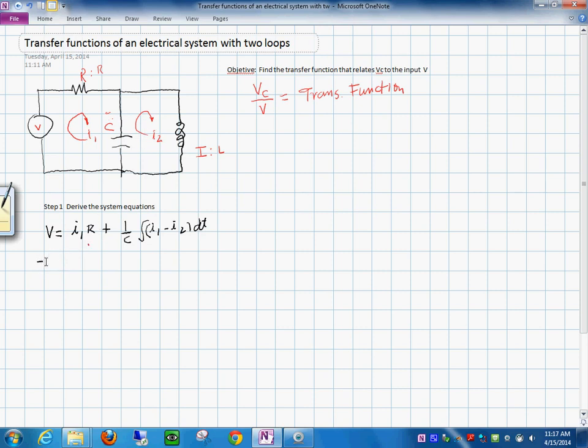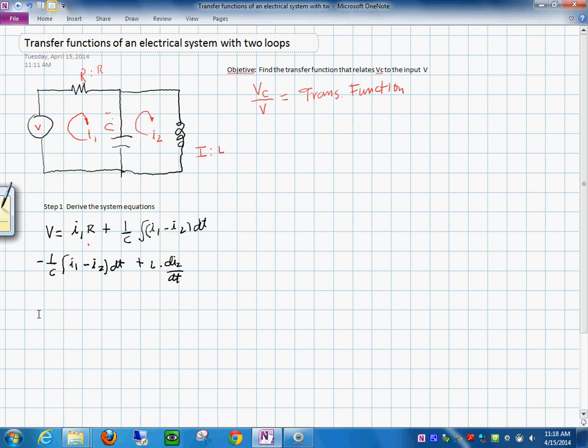And this here would be minus 1 over C, and we're doing this loop now, minus because it's going contrary to the positive direction of I2, the integral of I2 minus I1, and then dt, plus L times dI2 dt, like this. So these are the equations of the system in here.